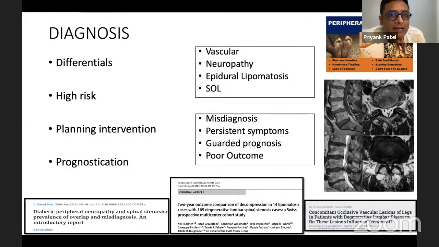So when you do a decompression surgery in a patient with pre-existing peripheral neuropathy and claudication, a very good way of telling the patient is that all the symptoms they feel after standing up will go away after the surgery, and the ones they feel while lying down will most likely remain.